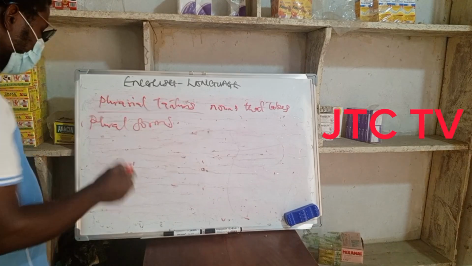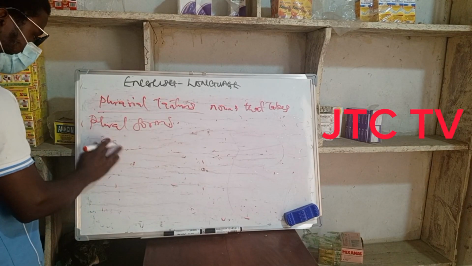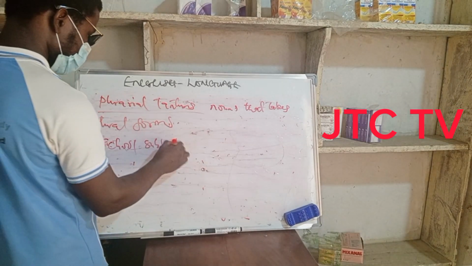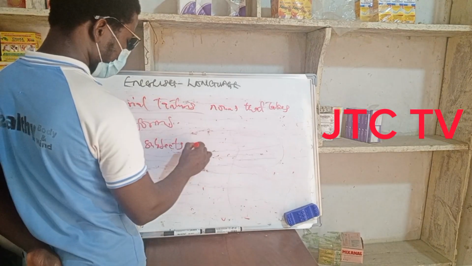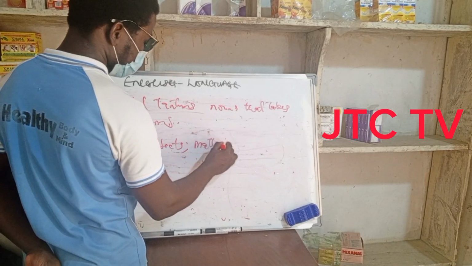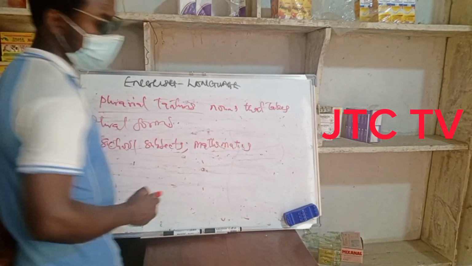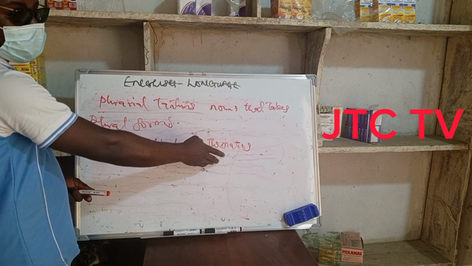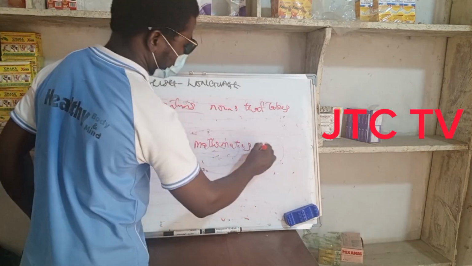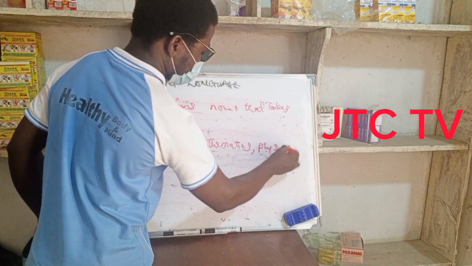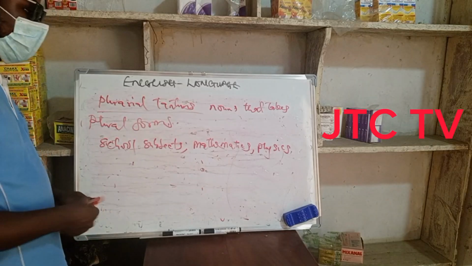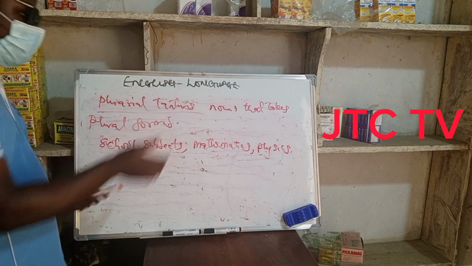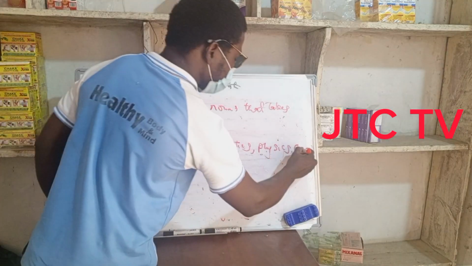Okay, for example, school subjects. Subjects like mathematics, there is X at the end. You take plural forms. Physics. You cannot write them without adding the ending. School subjects like maths, physics and civics.